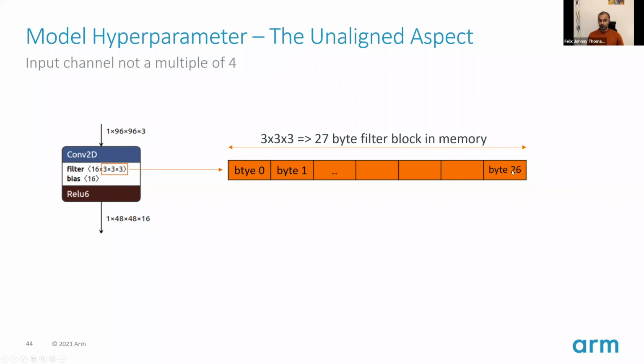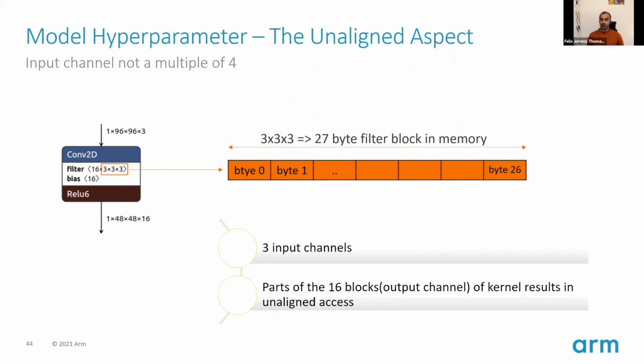At the end of this one, when the second filter block starts, it would not start on an aligned boundary, meaning you would get a penalty for unaligned access. That can really be detrimental to your optimization efforts. You could have the best processor utilization techniques, but at times you would lose just on the memory accesses.